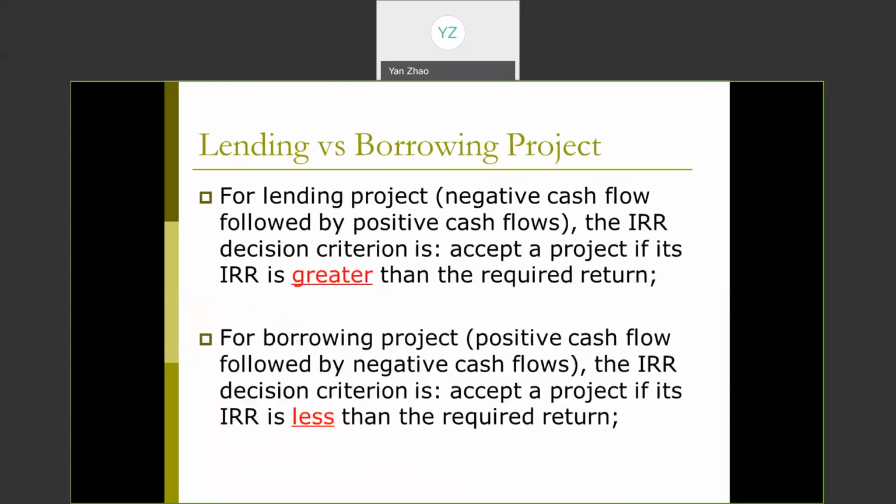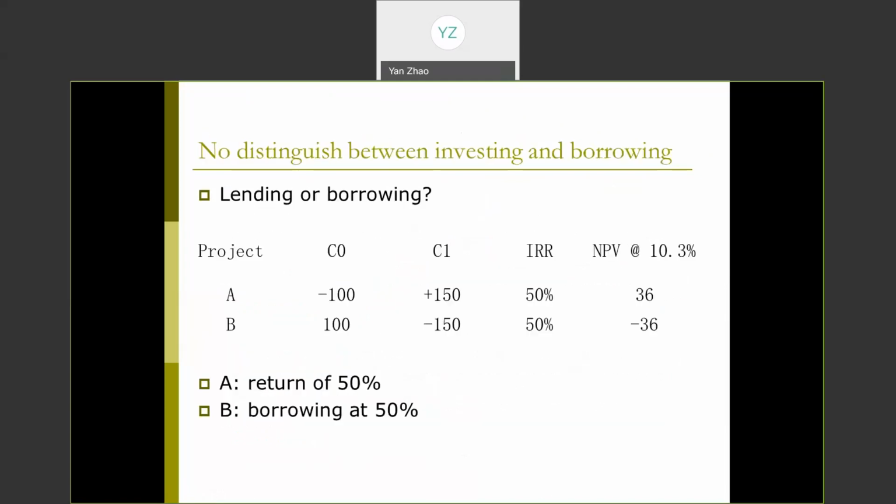So the second pitfall is lending versus borrowing. Let's take a look at the following example. Projects A and B. A, initial investment, $100. One period later, you get $150 back. Project B, $100 cash inflow, but in the next period, you have to pay out $150.